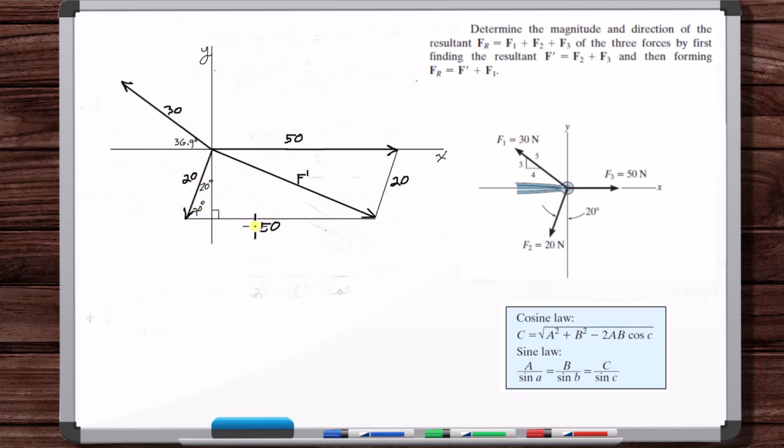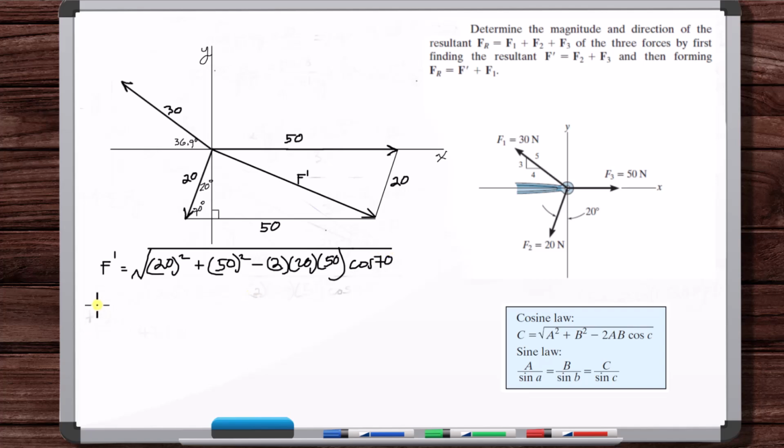So now we can use the law of cosines to solve for F prime. So F prime is equal to the square root of a squared, so 20 squared plus b squared minus 2 times 20 times 50 times cosine of 70.